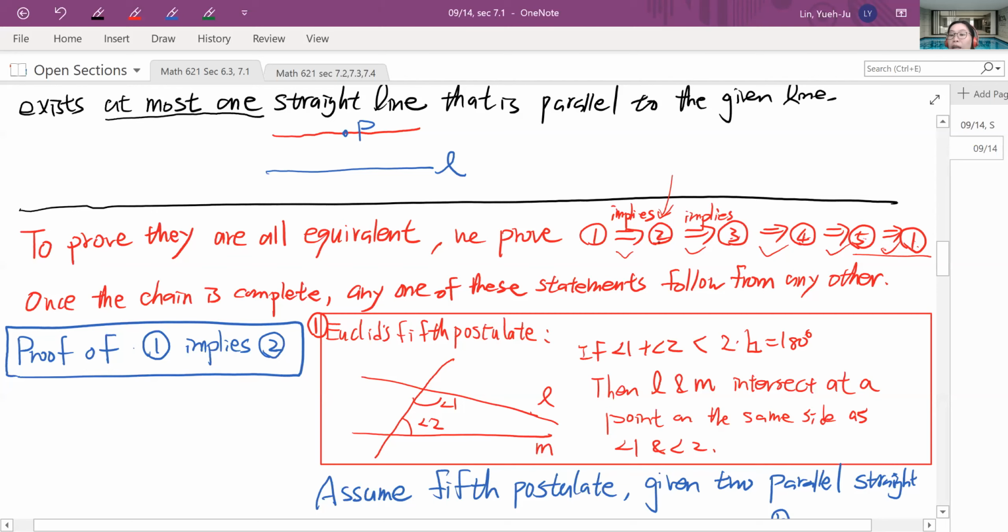So even if you start from 2, eventually you will reach 1. It really doesn't matter which statement you start from. After you finish this chain of proof, you essentially prove that any one of them implies any other. Okay, so that's essentially the strategy.